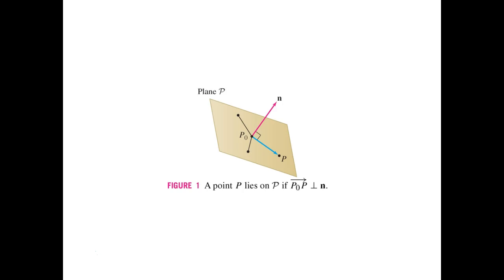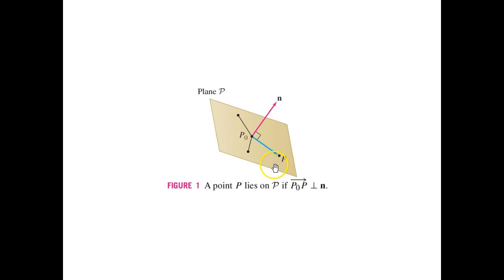So basically what you have here is a point P in a plane script P. It seems like they could have used some different letters here.